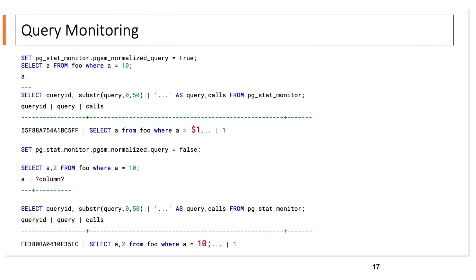And if A is equal to 1, there can be only 1 record for that, and this query will run fast, while A is equal to 10 will take more time. But in PGStat statement, you cannot see which query is taking more time, 10 or 1, because it always shows $1. But in PGStat monitor, you can see the actual values. So you can try to see which actual value is taking more time.